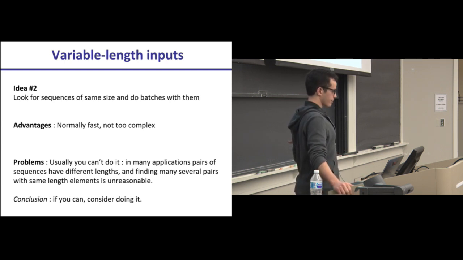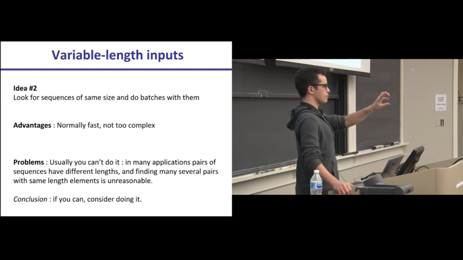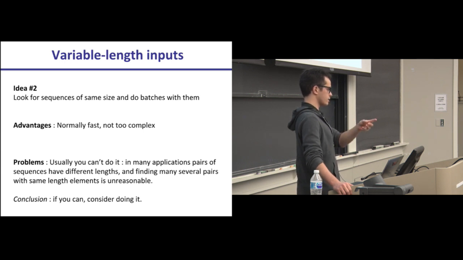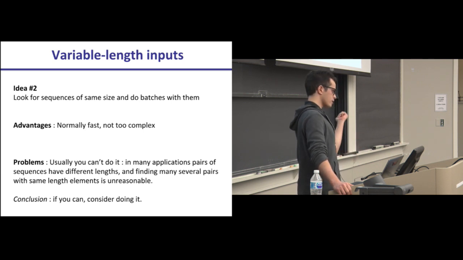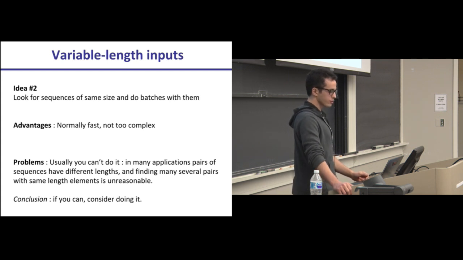The problem is if you're in one of the cases I mentioned before, where you've got an input and an output sequence and they're not of the same size. Even if you have found inputs of the same size, you have no guarantee that the labels will be sequences of the same size either. So you're going to end up with the same problem. When you can do it, it's a good idea, but in many applications you cannot just rely on that.